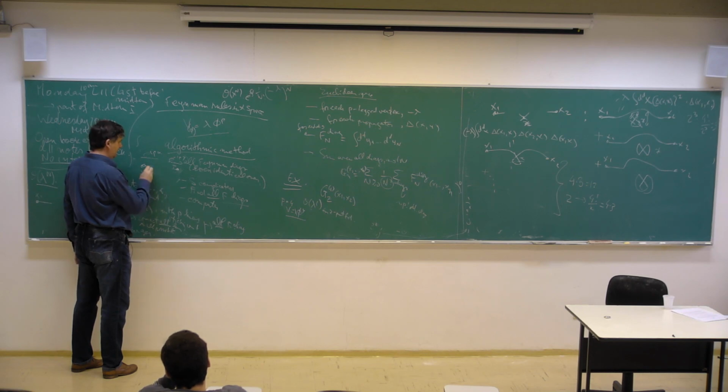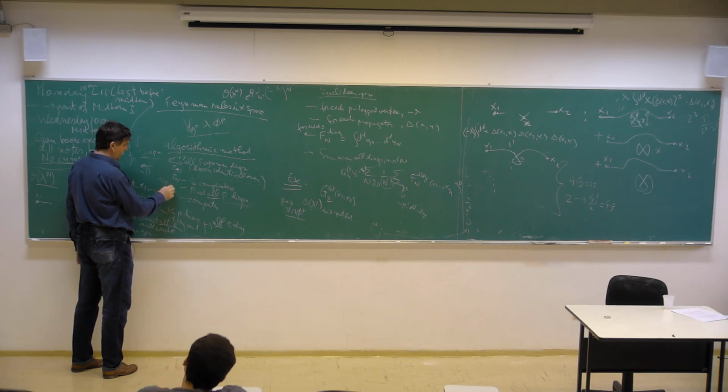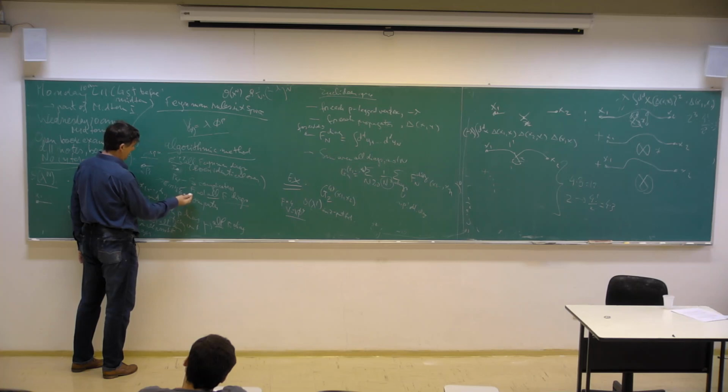If I wrote p1 and p2, that would be the Fourier transform with these factors, but then I would get the (2π)^4 δ^4(p1 plus p2), well, minus p2, right?